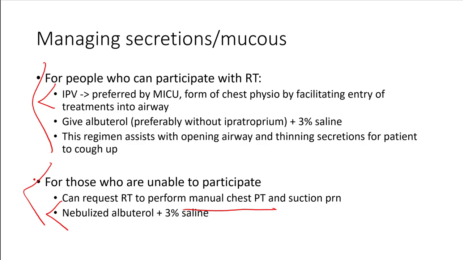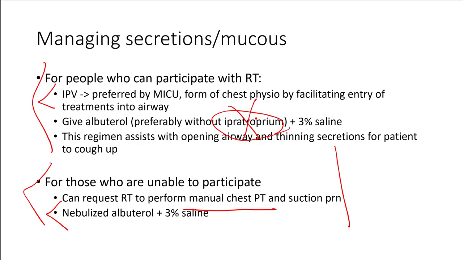A key point, which is either myth, witchcraft, or maybe legit data to support it: in my training, we always talked about avoiding ipratropium and other anticholinergics because they could thicken and dry out secretions, and that's something you don't want to do because you want to get them up and out.